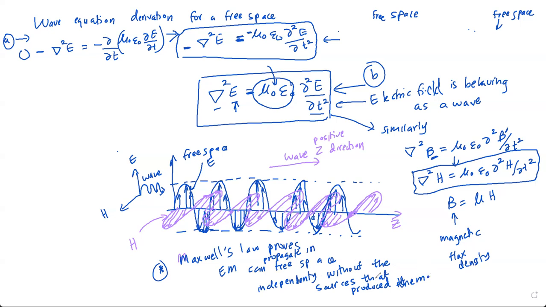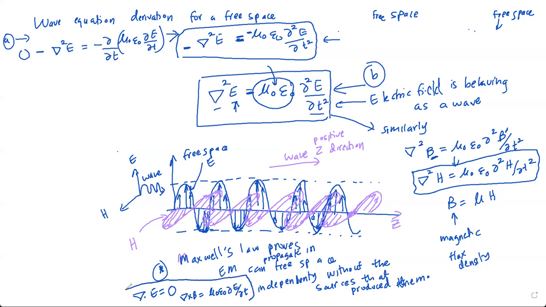So how did we show it? By taking the assumption that the free space does not have any electric charges, therefore the divergence of E is 0. Then we also take another assumption where the curl of B is equal to mu naught epsilon naught times the variation of the electric field over time, because the free charges are not available in free space.